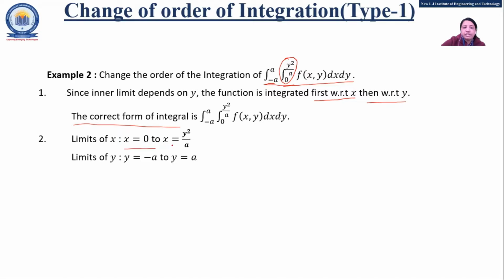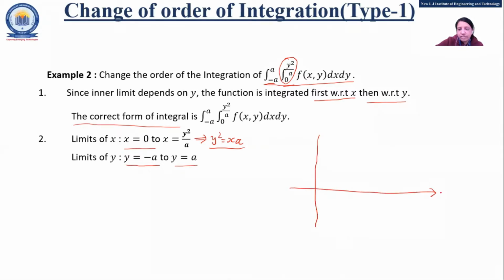Now x equal to 0, and x equal to y square by a. This is of the form y square equal to xa, a parabola, right? Why are we going for that? Because we need to draw the region. From the limits, we need to decide our region. And y equal to minus a and a, that is given. Fine.